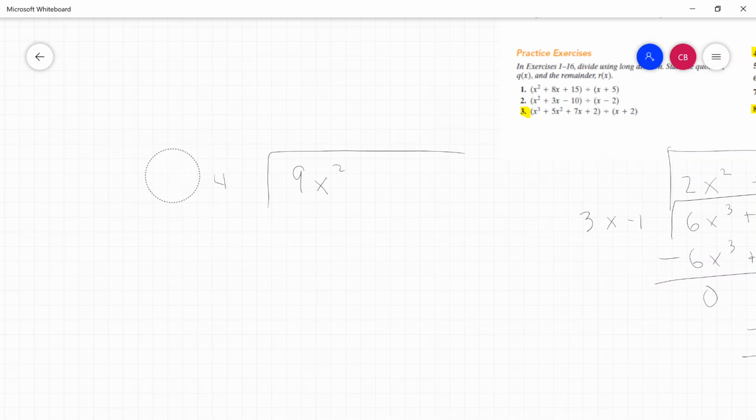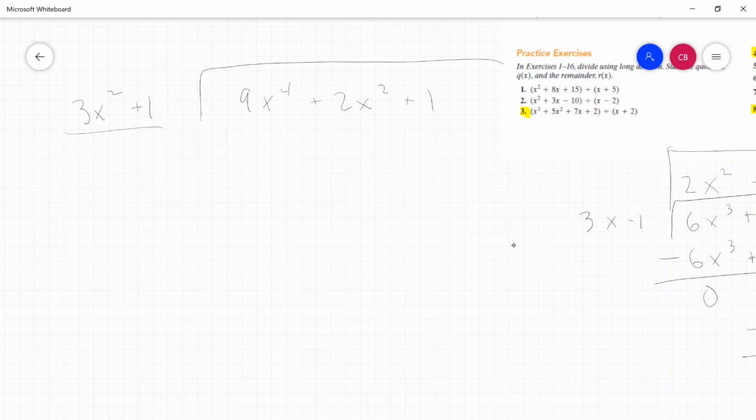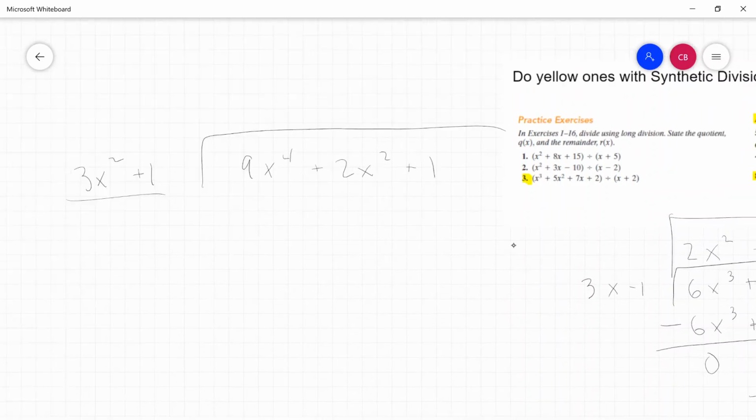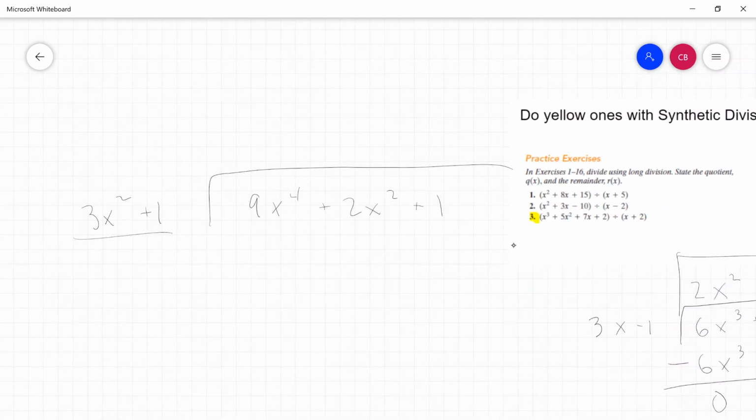Actually, let's do one that has a bad solution, not a bad solution, but a remainder, and let's do that. And we have 3x squared plus 1 as our divided by. So this is what we're dividing by. This is our problem. Okay, so this, if you've seen this, guys, it would look like this.